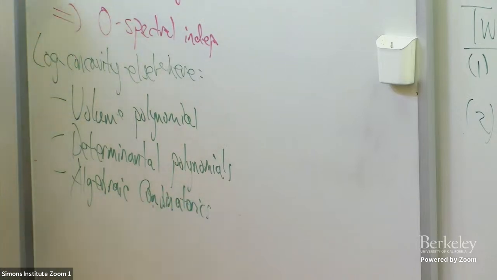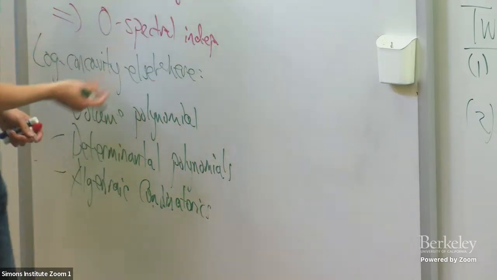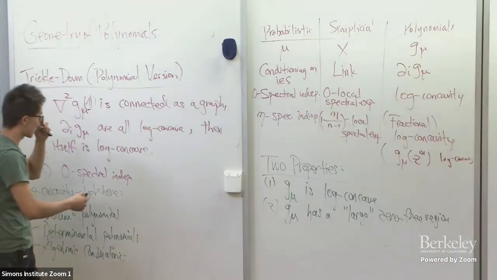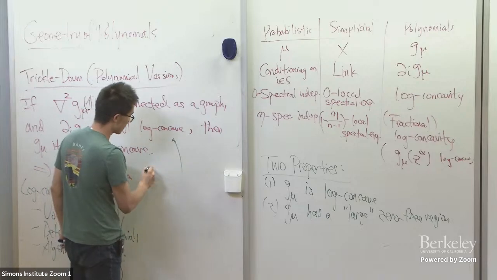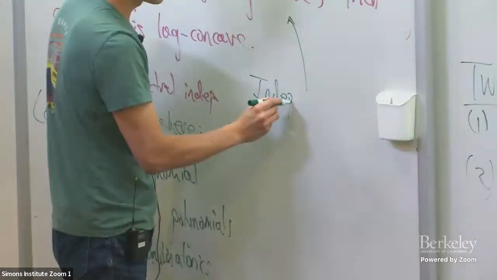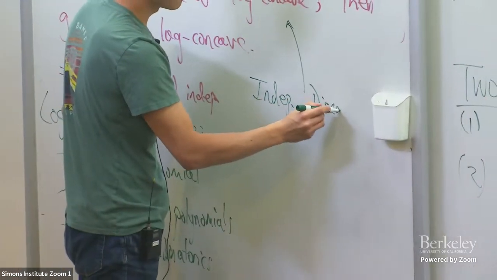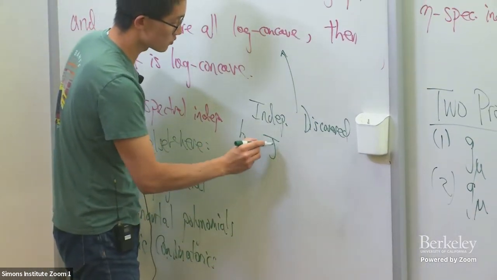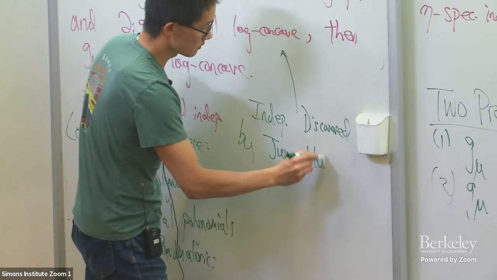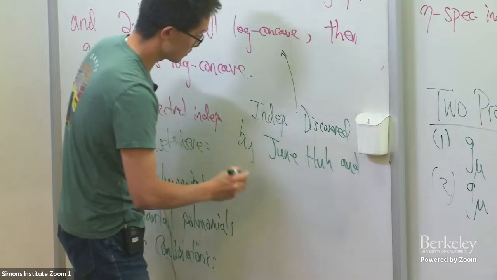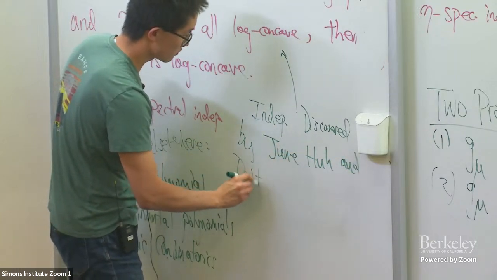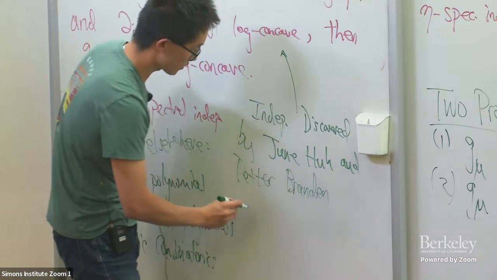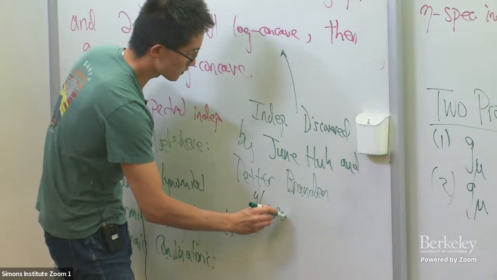This theorem was independently discovered by Junha and Peter Brandon, who called them Lorentzian polynomials.